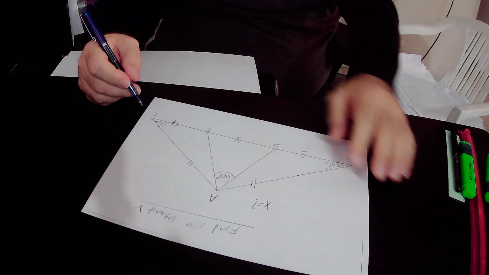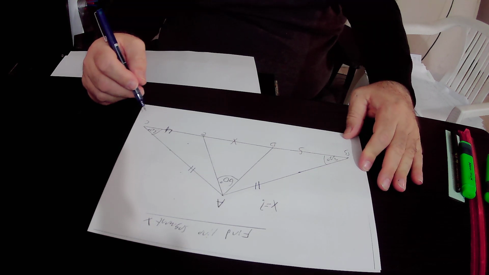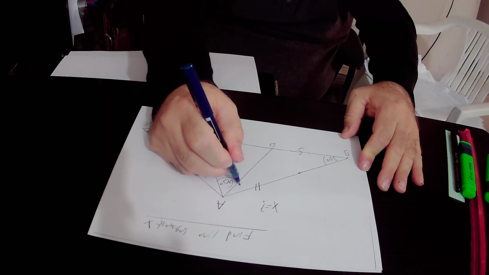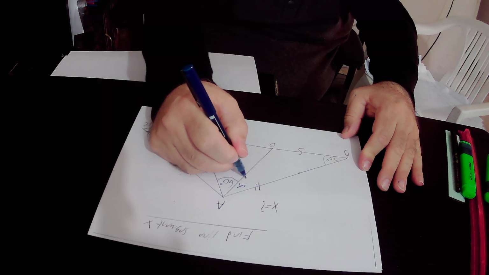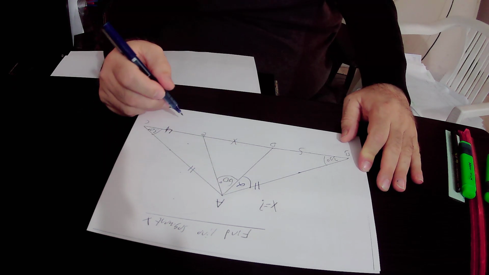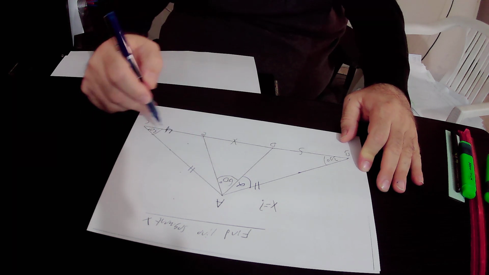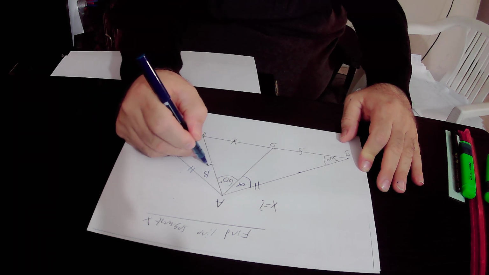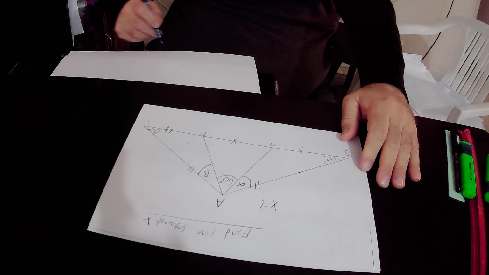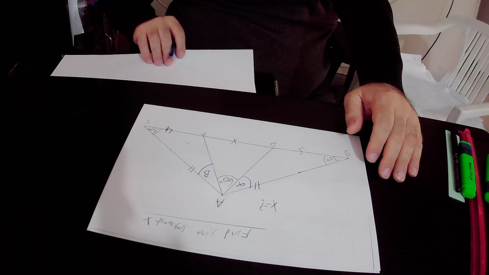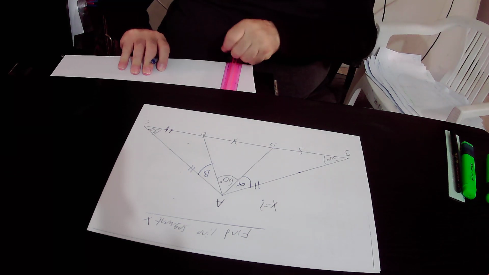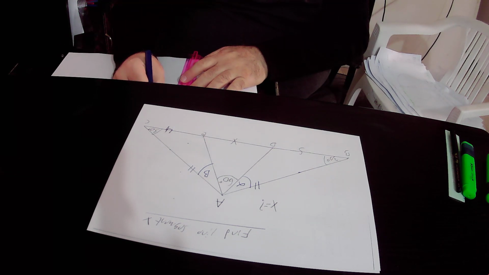In the next step, we will define angle BAD, this angle, as alpha, and we will define angle EAD, this angle, as beta. And we know that the sum of the angles in any triangle is equal to 180 degrees.